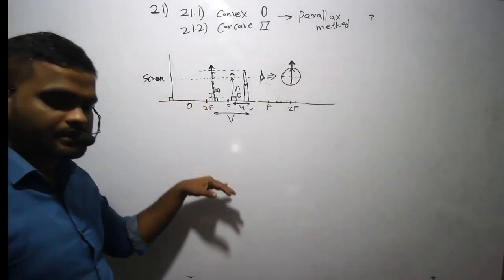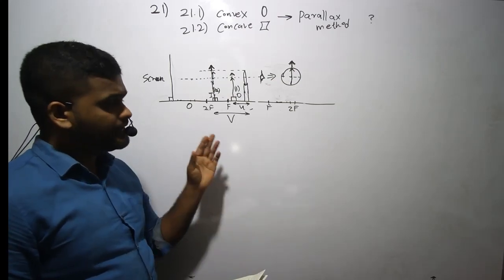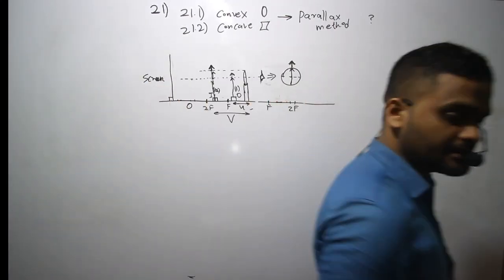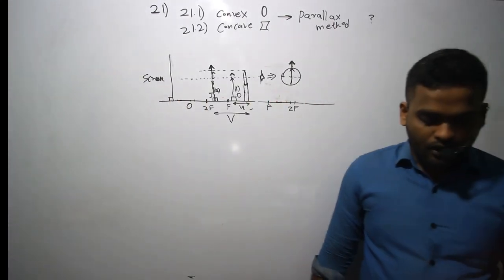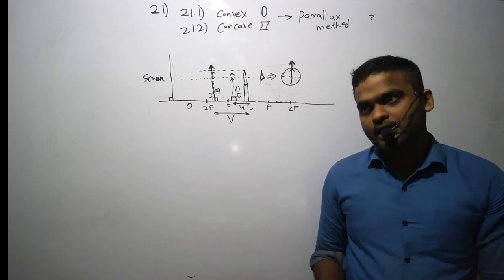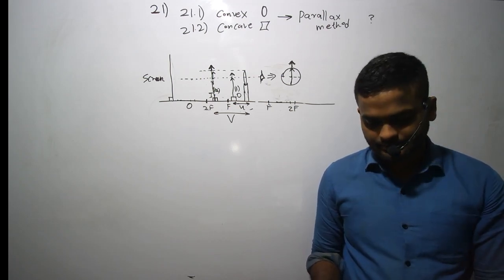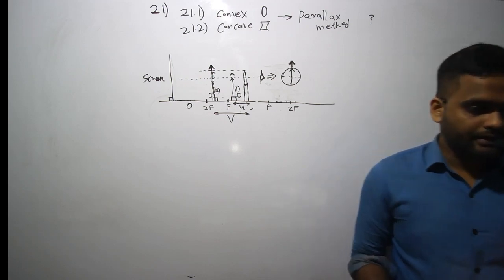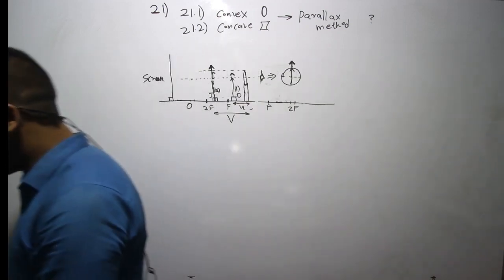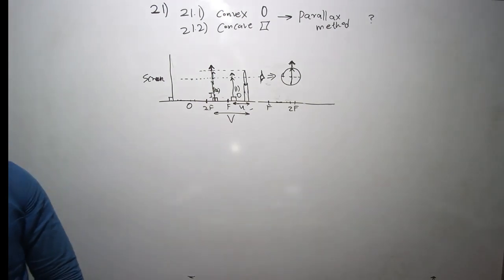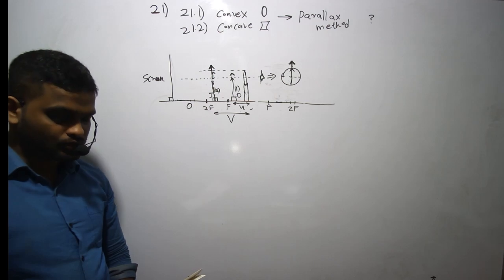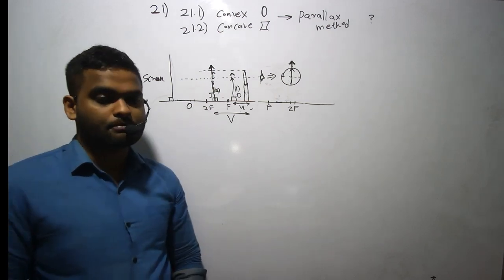Right, below this write down: the eye is placed closer to the lens to avoid the image of pin 2.